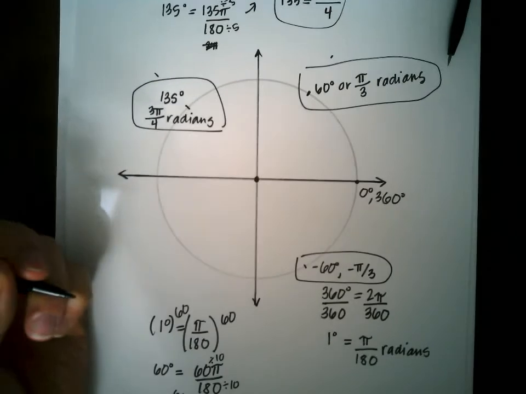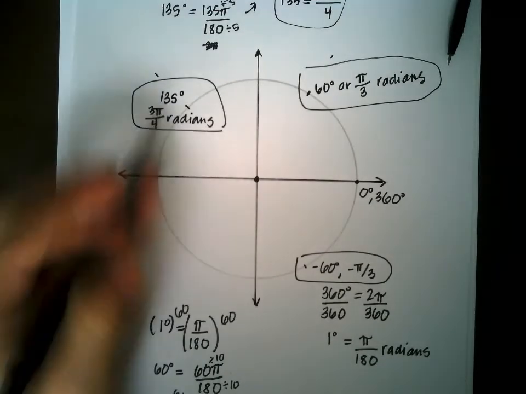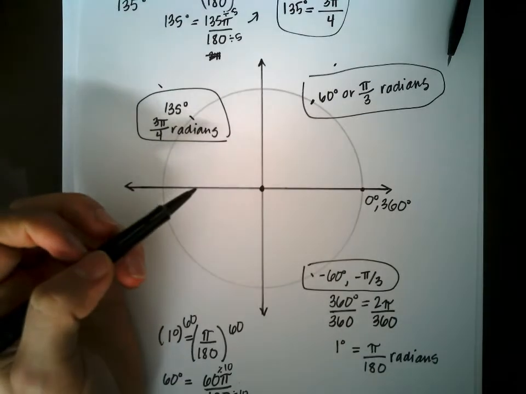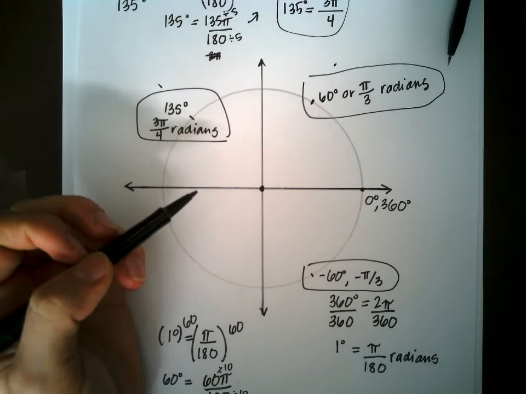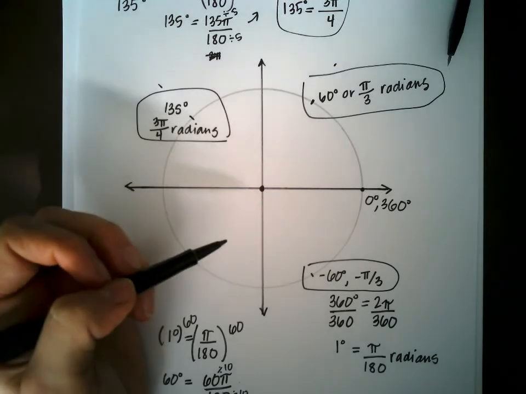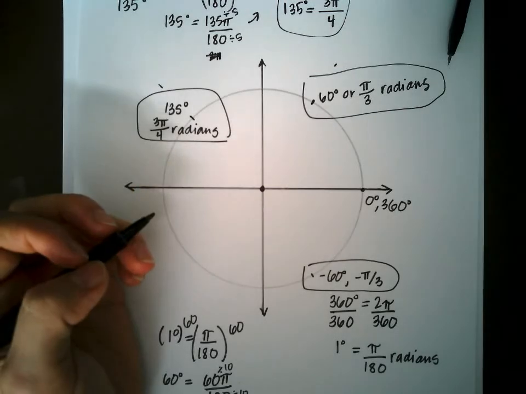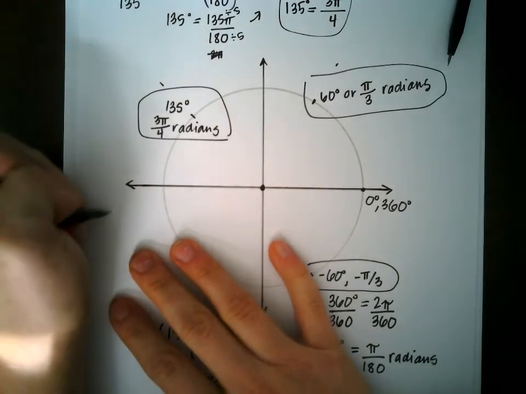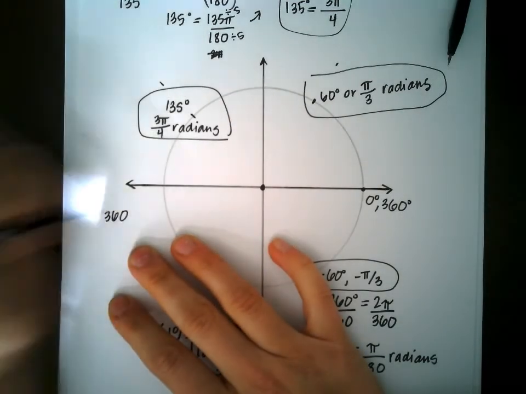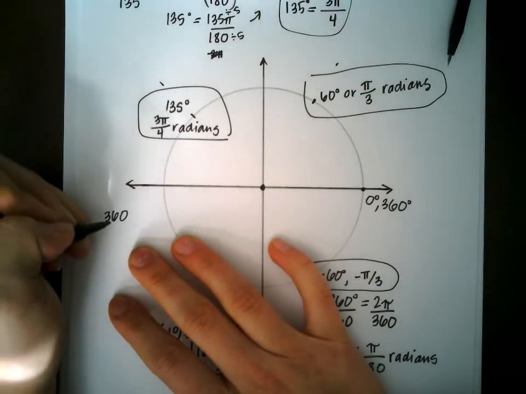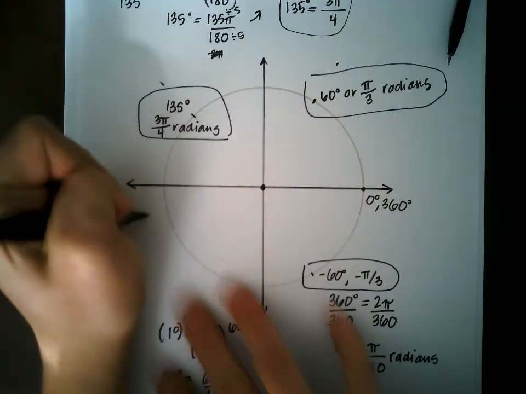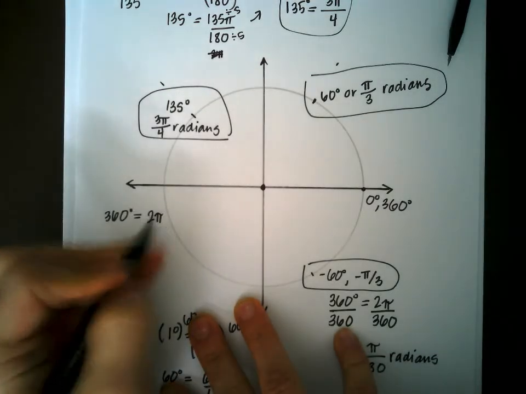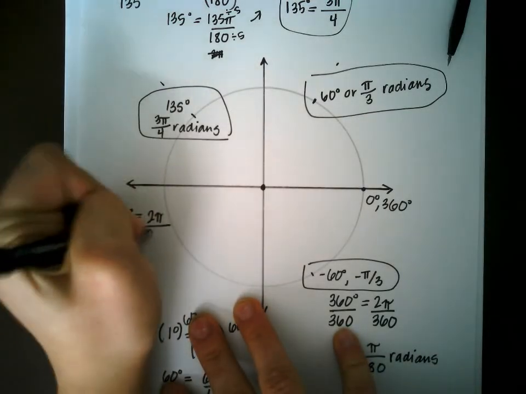To convert from radians to degrees is a similar idea. I want to know exactly how many degrees are in just 1 radian. So once again, I know that 360 degrees is equal to 2 pi radians, but I want to turn it into 1 radian, so I'm going to divide it by itself.